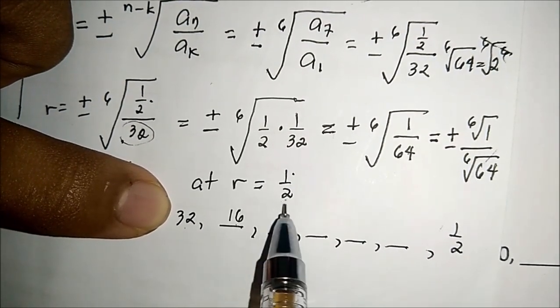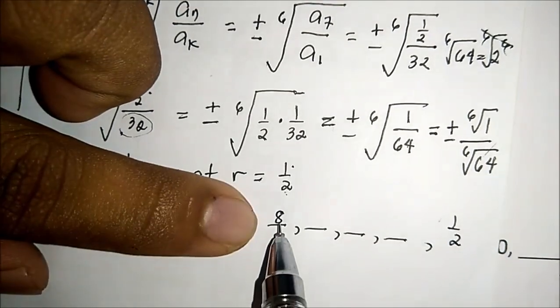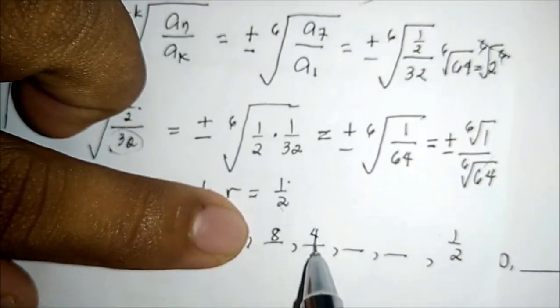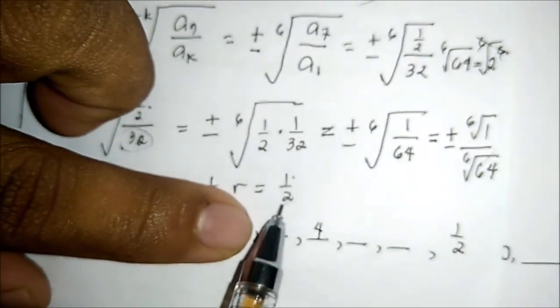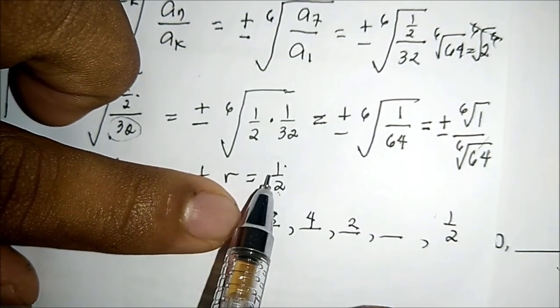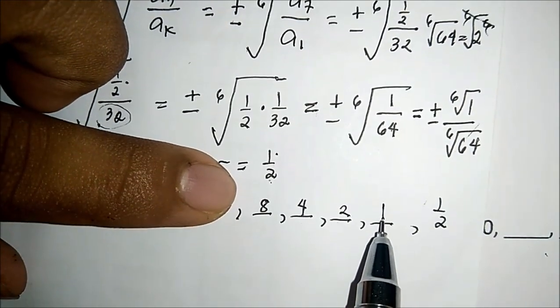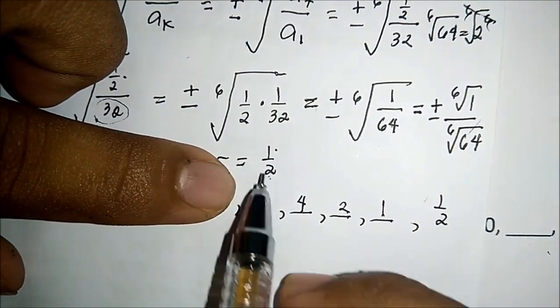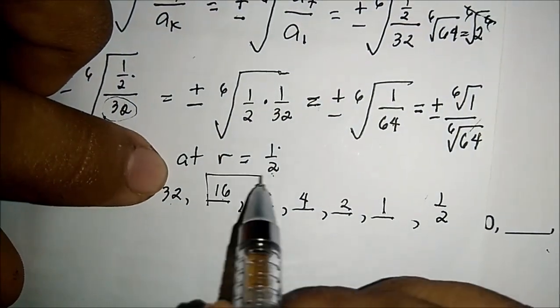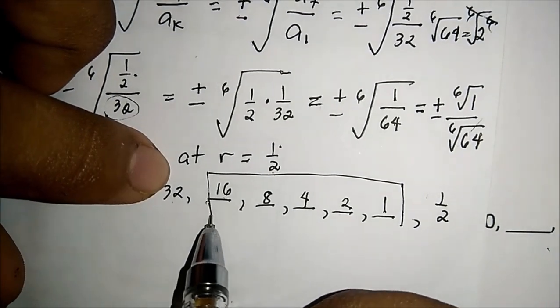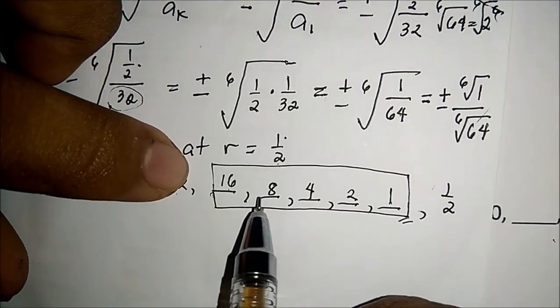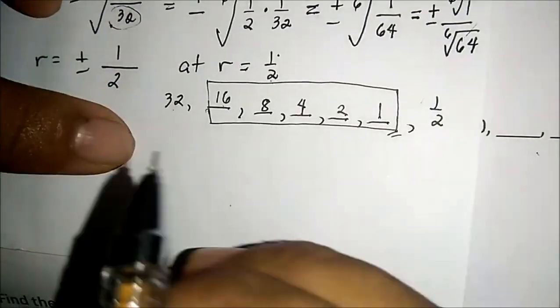Times 1, 16 divided by 2 is 8. 8 times 1 is 8 divided by 2 is 4. 4 times 1 is 4 divided by 2 is 2. 2 times 1 is 2 divided by 2 is 1. I-check natin yung dulo ha. 1 times 1 is 1 divided by 2 is 1/2. So therefore, if the ratio is 1/2, the geometric means are 16, 8, 4, 2, and 1.